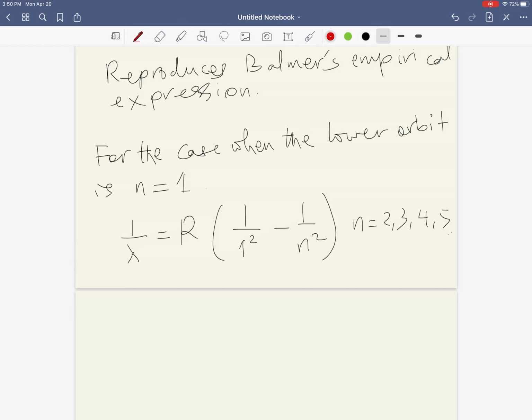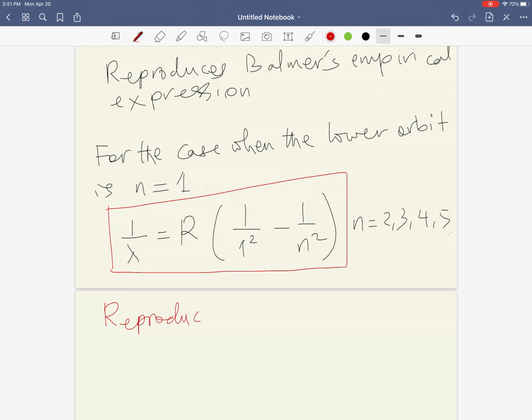And this expression here reproduces another set of spectral lines in the ultraviolet portion of the spectrum. And it's called the Lyman series. So this reproduces the Lyman series in the UV portion of the spectrum.